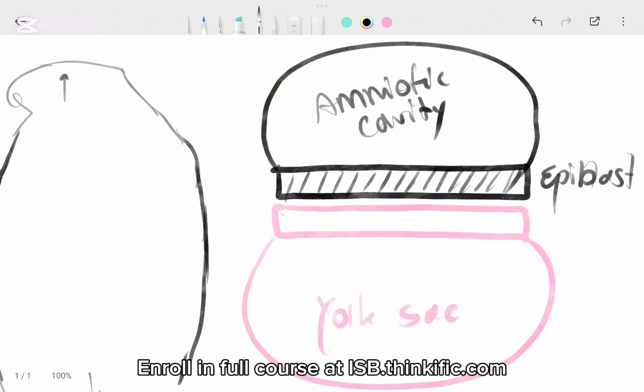Right? And the layer which faces yolk sac is called hypoblast. So epi, hypo. At this stage of development, the embryo is said to be bilaminar, meaning it has 2 discs, 2 layers.